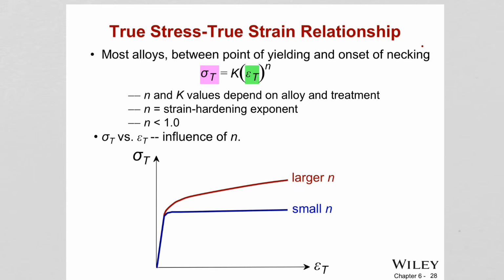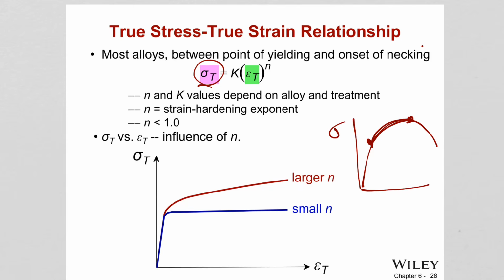So between the point of yielding and the onset of necking, alloys are described through this equation. If we look, yielding starts here to the necking here, right? From this point to that point, this line describes the relationship between the stress and the strain.